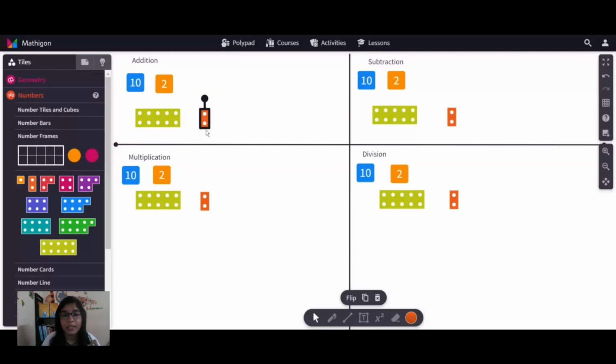Then children understand visually, with concrete examples. Not only numbers, they get number sense when they use such things and learn. The website that you can use for this, I'm going to give in the description. You can take it and use it for your children.